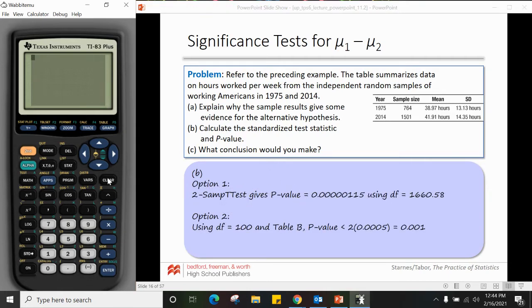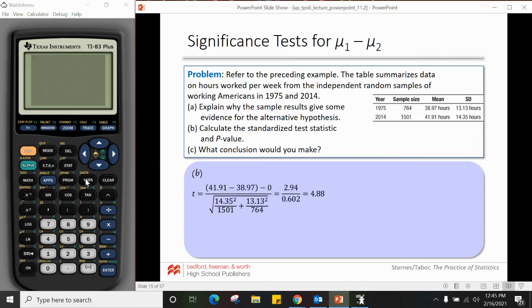So I'll show you if you did it on the calculator. You could go to stat, test, and then we're not just doing a t-test because it's a 2 sample, so you want to go 2-sample t-test. You press enter. I have the statistics, I don't have all data points in front of me. So x bar 1 is 41.91. S sub x, the standard deviation, is 14.35.